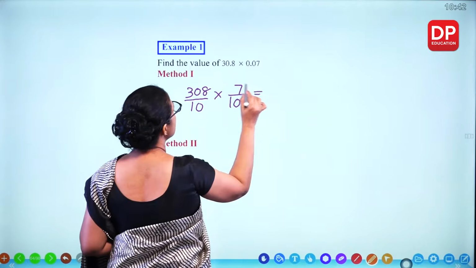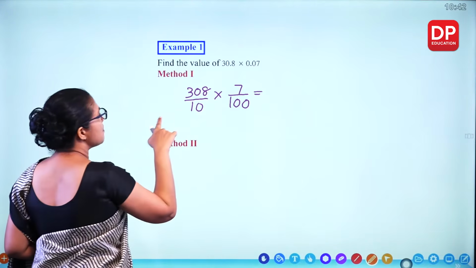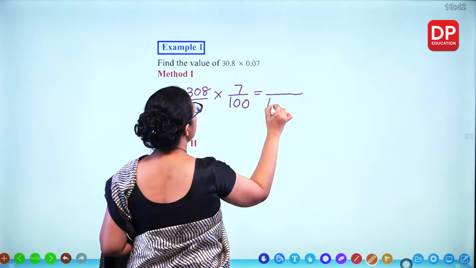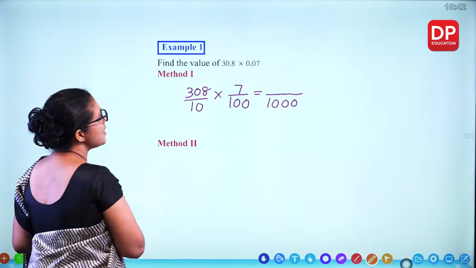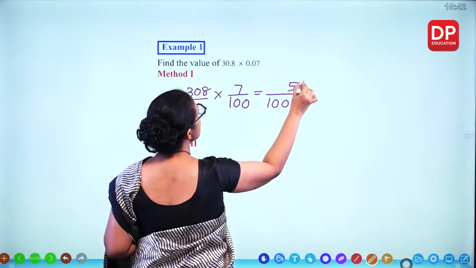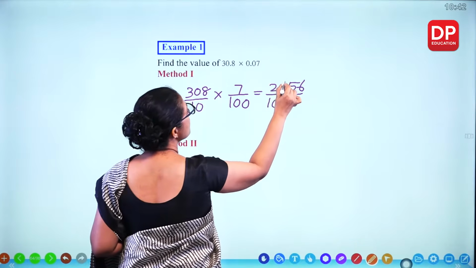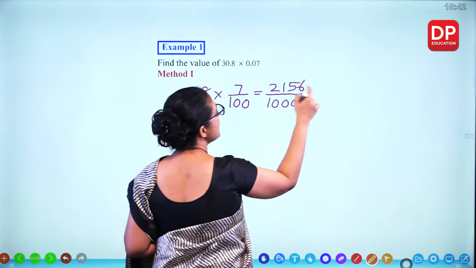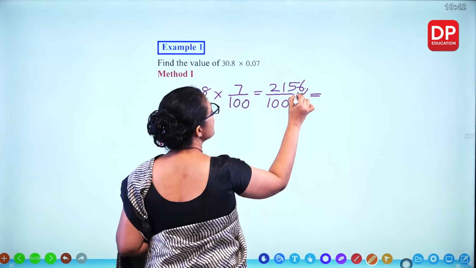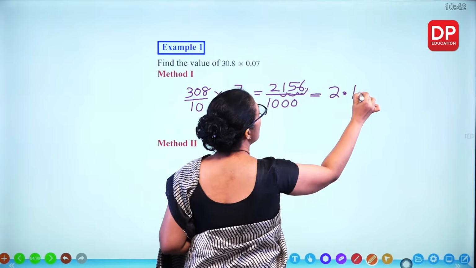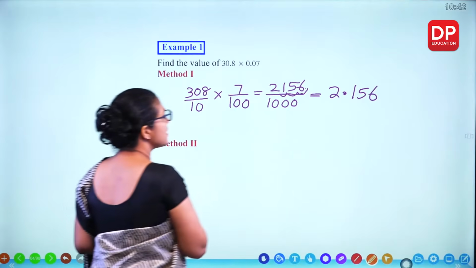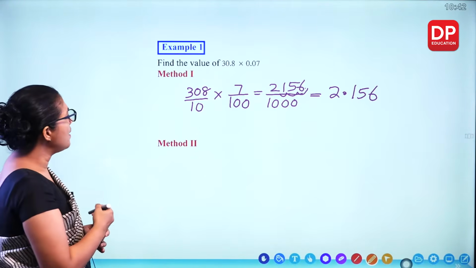So that means 308 multiplied by 7 divided by 1000. So 7 times 8, 56. 7 times 3, 21. So when you divide by 1000, move the decimal 3 places to the left. 2.156. Now we'll use the other method.